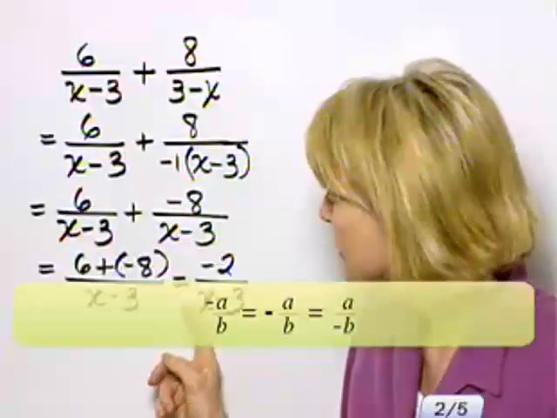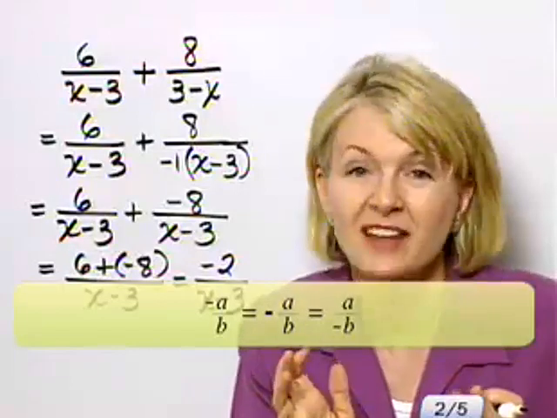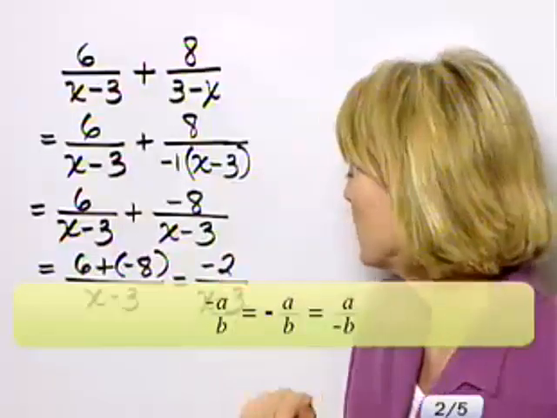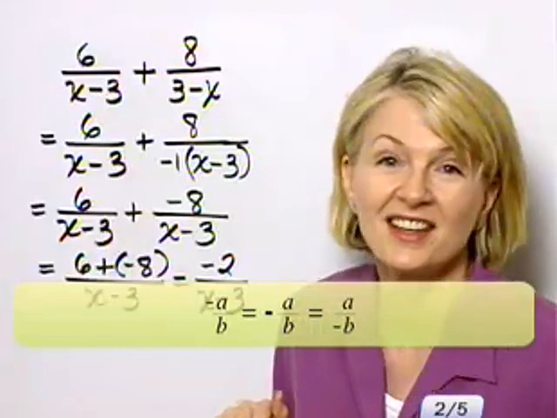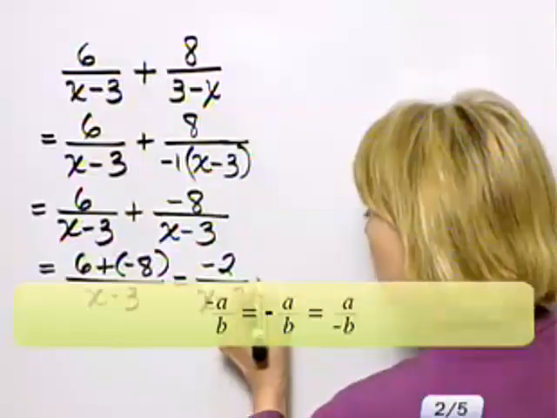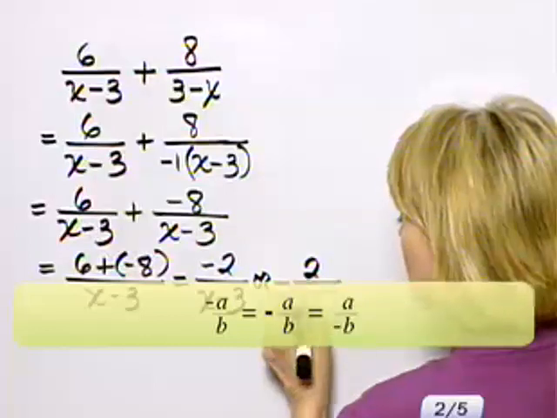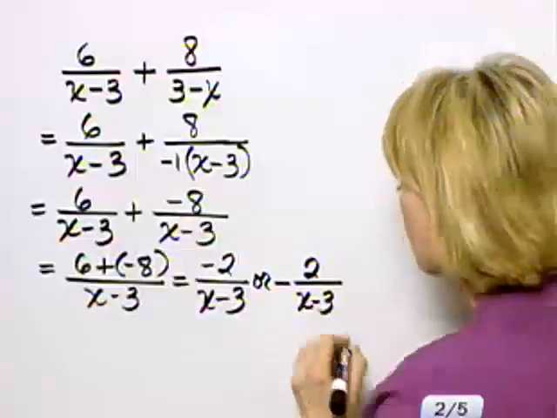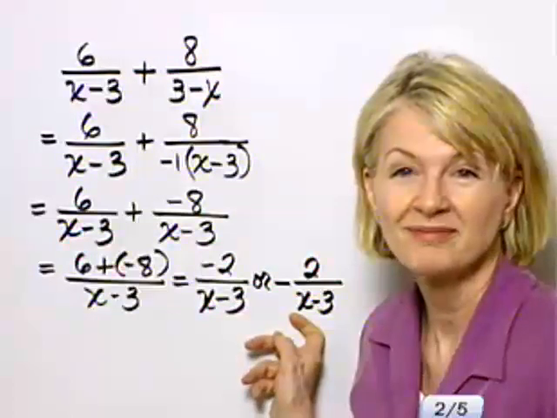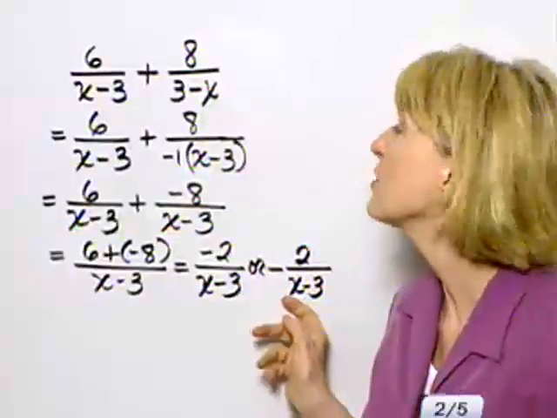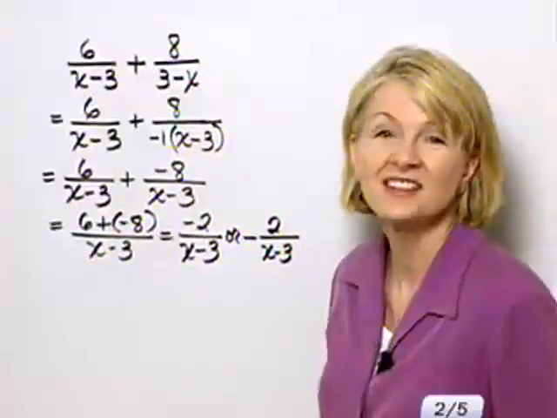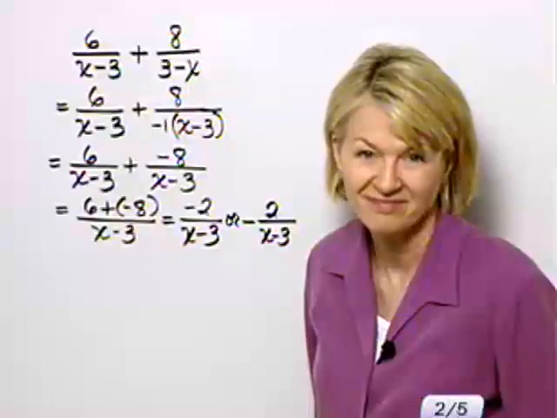You can write it in the denominator but enclose x minus 3 in parentheses, or you can leave it here in the numerator. Just remember that this is equivalent to, amongst other forms, this form. So again, we've added rational expressions and this is the result.